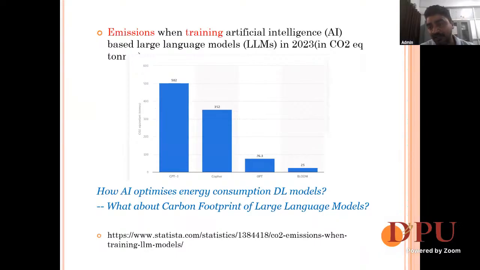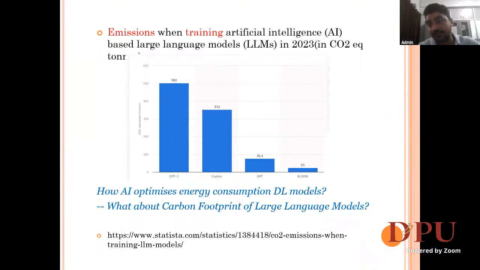Lastly, whenever we are talking about deep learning frameworks, we need to understand that whenever we are fusing, whenever we are hybridizing, using such a huge number of parameters and intermediate nodes, we are emitting carbon. So what will be the carbon footprint of these models? Whenever you are talking about the complexity of a model, it's not only about the space complexity or the time complexity.